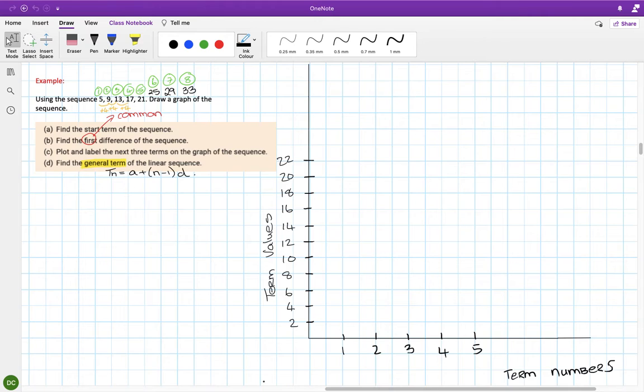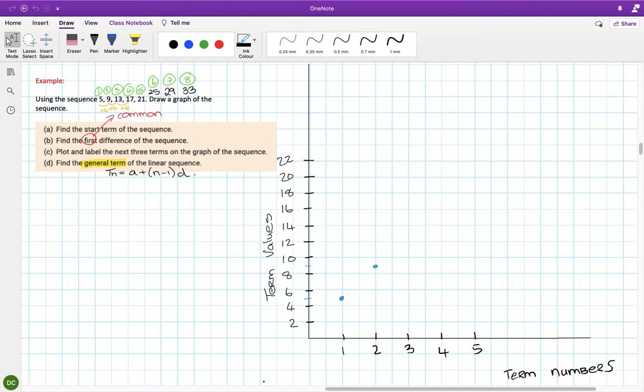Okay, so term 1 was what? 5. I've no 5 on the graph, so I have to find it halfway between 4 and 6. Number 2, oh my god, they're all odd, how annoying. Number 2 is 9, so 9 is going to be halfway between 8 and 10. So that's about there.